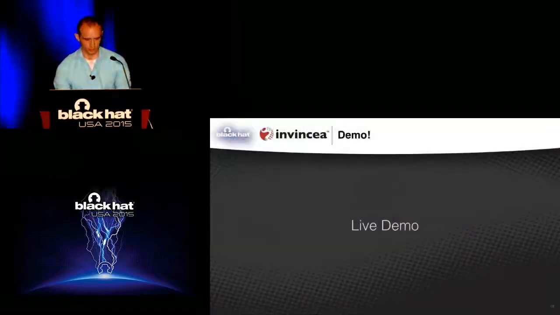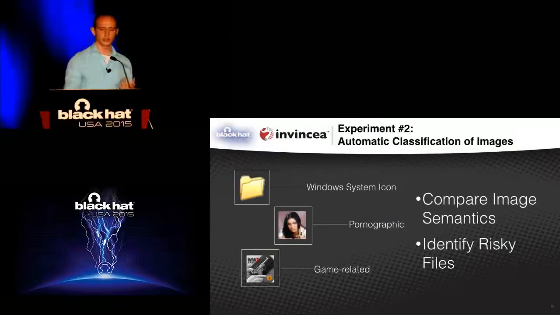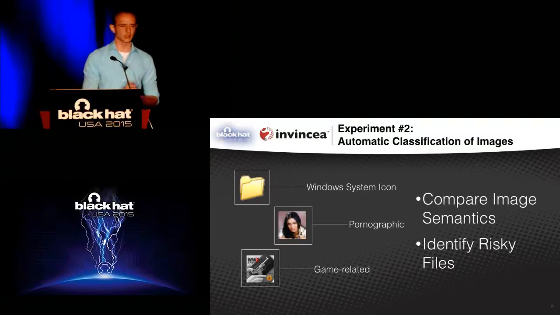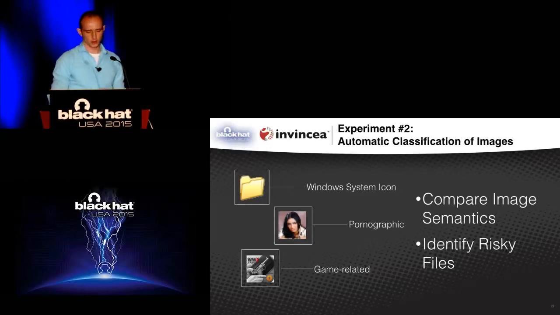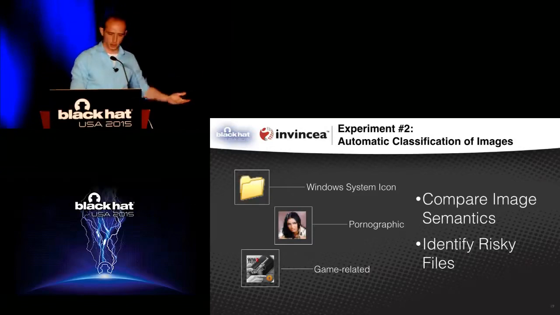All right. So the second experiment we did was in the automatic classification of images. So that's basically what does the image look like? In this example, we have the Windows system icon or Windows folder, pornographic images or game-related. And the idea here is, as I said before, if you identify something as a Windows folder icon and it's an executable, for example, that would be suspicious.